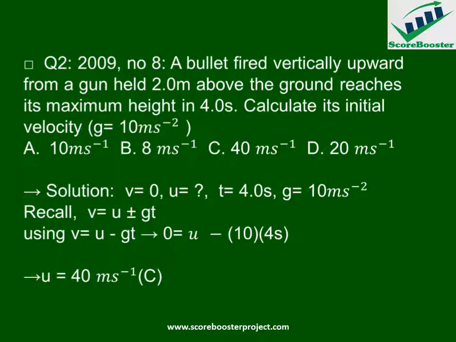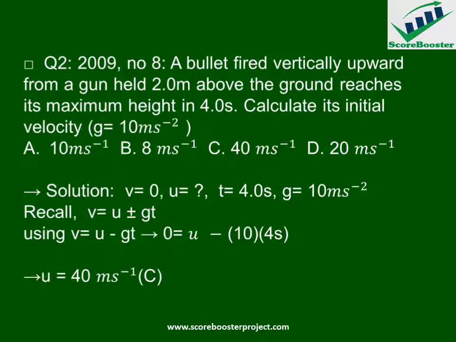Now on to solution. The first thing is to write out the given parameters. From the question, we have to take note that at maximum height, the object is no more moving, so the final velocity there will be 0. It will first stop before starting to come down. So at maximum height, the velocity is 0.